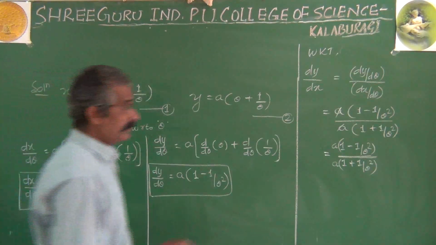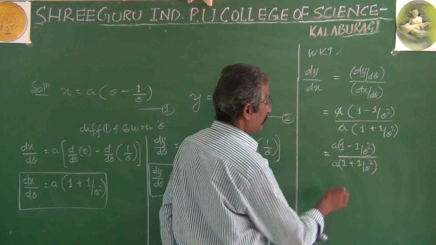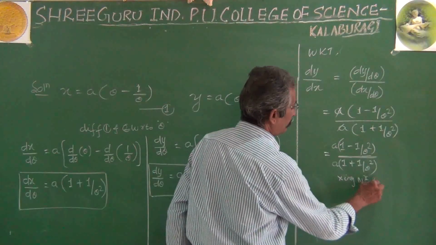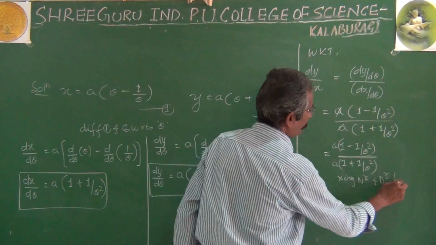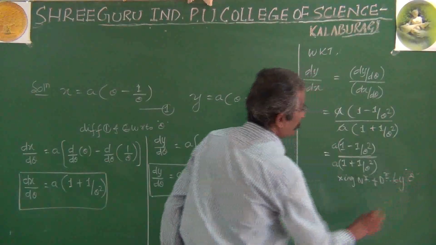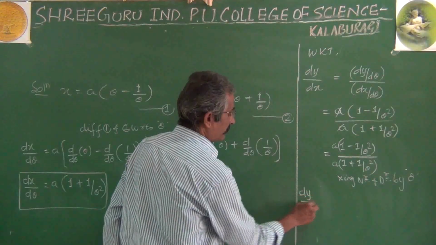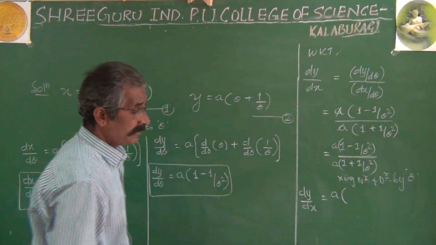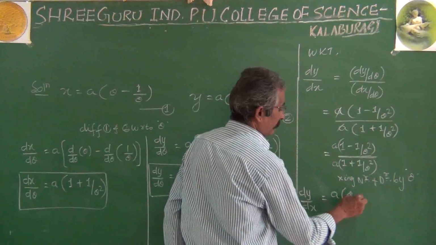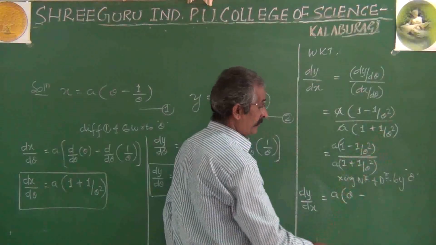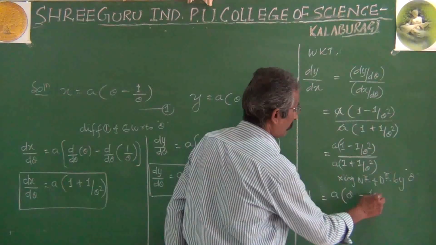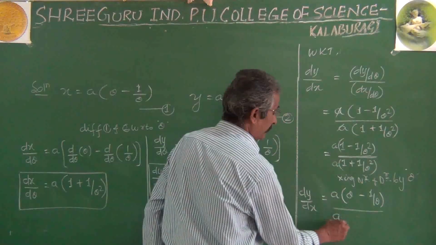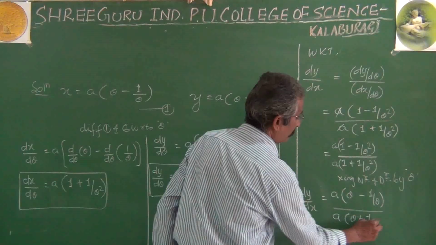Now let's multiply numerator and denominator by theta. So dy by dx equals finally a into, after multiplying by theta, here 1 into theta is theta, whereas in the second term theta by theta square, one theta will cancel, left is 1 by theta, divided by similarly a into bracket theta plus 1 by theta.